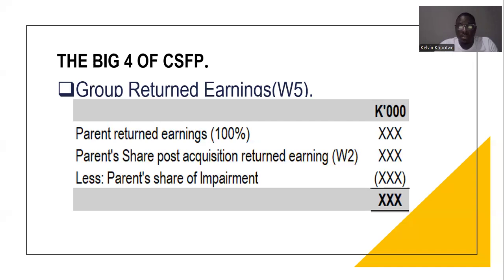So you deal with those things in this working. So colleagues, these are the big things that you have to deal with if you are to be good at the consolidation of the statement of financial position. If you don't understand these 5 workings, consolidation will be difficult for you. And I know people complain, so no, consolidation is difficult.